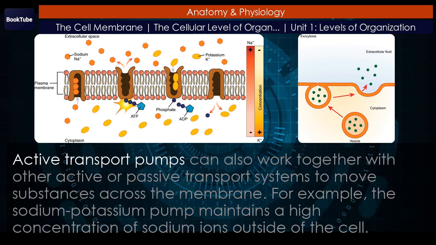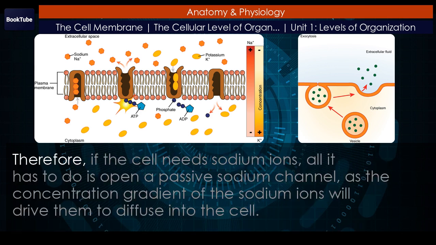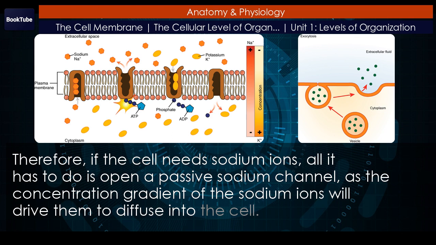Active transport pumps can also work together with other active or passive transport systems to move substances across the membrane. For example, the sodium-potassium pump maintains a high concentration of sodium ions outside of the cell. Therefore, if the cell needs sodium ions, all it has to do is open a passive sodium channel, as the concentration gradient of the sodium ions will drive them to diffuse into the cell.